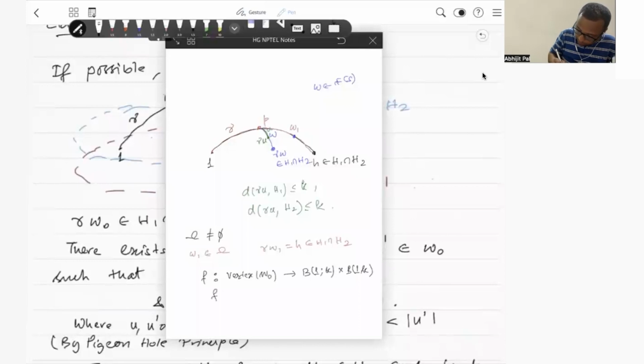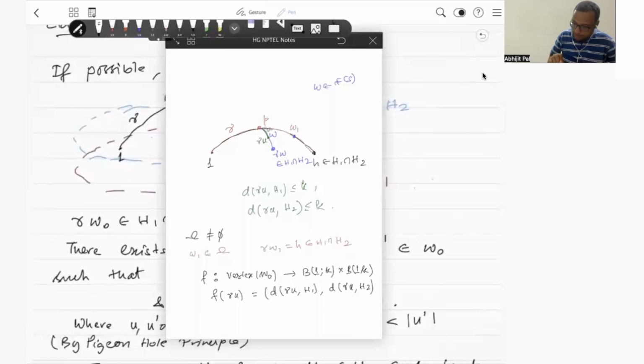So f of gamma u is equal to the distance of gamma u to H1 and the distance of gamma u to H2.